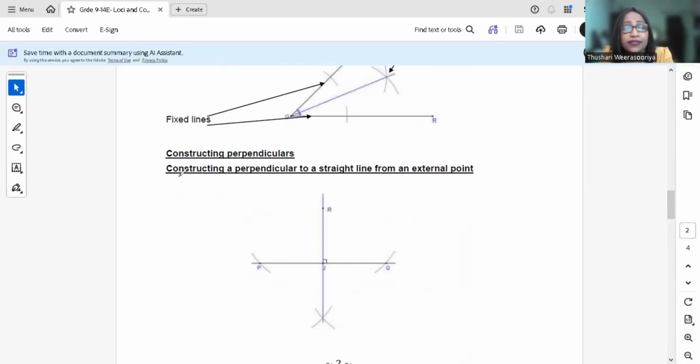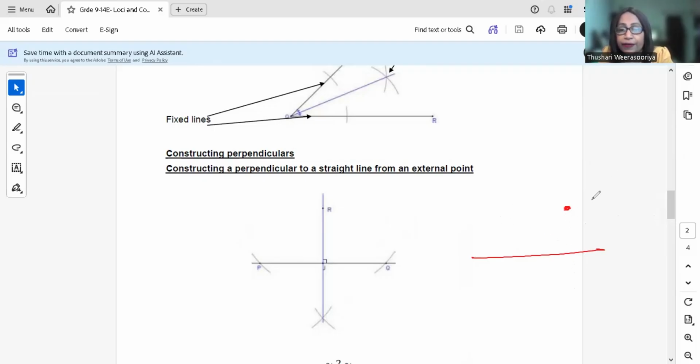Now, this perpendicular is something different. Constructing perpendicular to a straight line from an external point. This is a straight line. From this point, I'll not keep it right in the middle. I'll take it a little bit here. Otherwise, we will think it should be right in the middle. No, right? Keep the compass point. This is the point. You have to draw a perpendicular to the straight line. Makes 90 degrees, right?